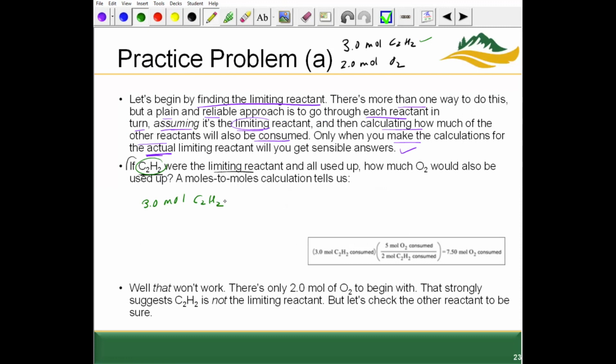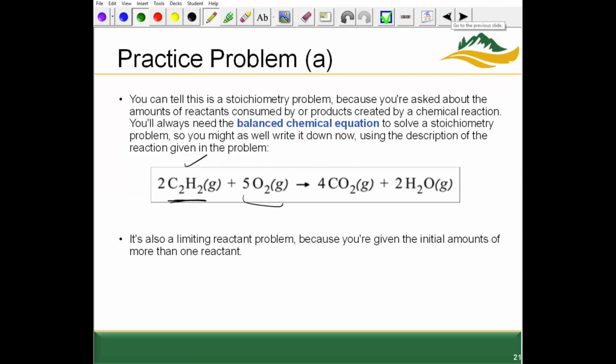The really important conversion factor we need is to connect the moles of C2H2 to the moles of O2. For every 2 moles of C2H2 that are consumed, 5 moles of O2 are consumed. How do we orient this conversion factor now to leave just moles of O2?